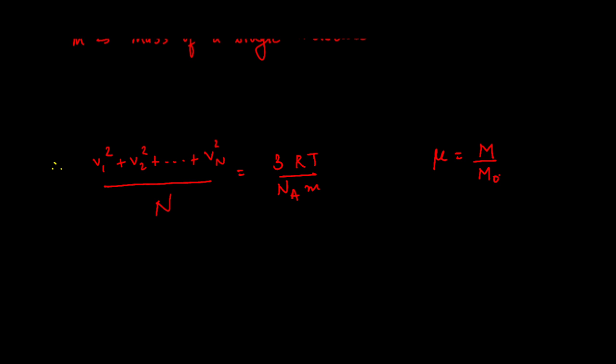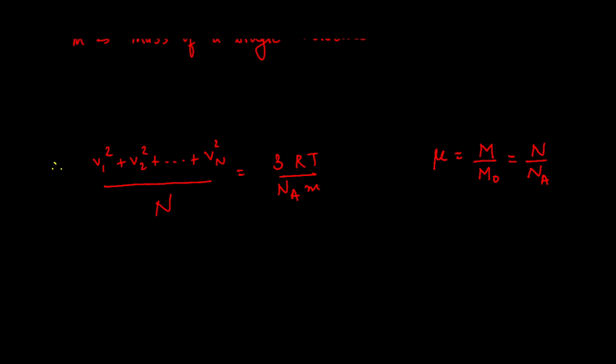Also, hopefully you do remember once again that this is equal to N upon Na. Right, this is equal to N upon Na. So what we have got now is that m upon M0 is equal to N upon Na.